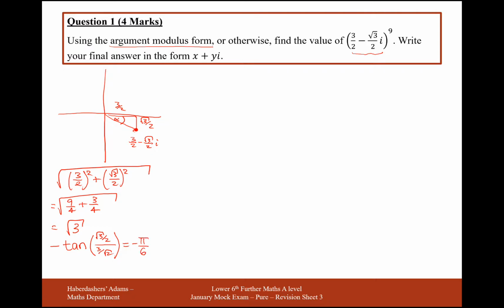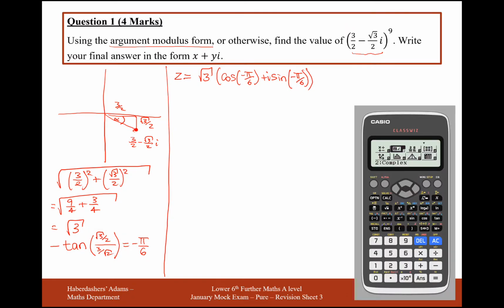Okay, so our complex number z is going to be written as root 3 times cos minus pi by 6, add i sine minus pi by 6.